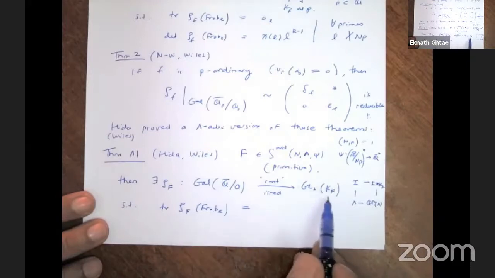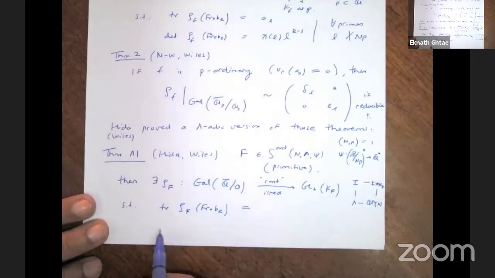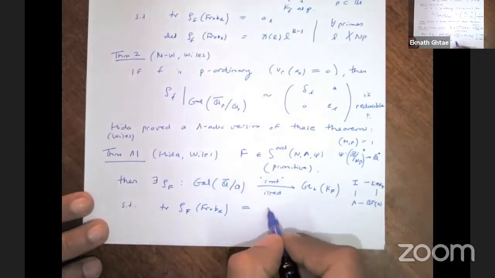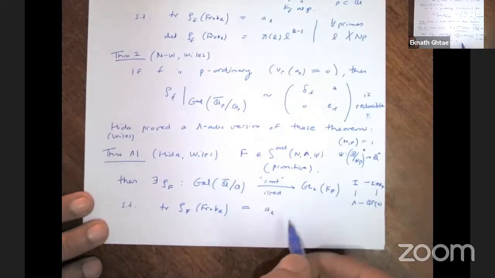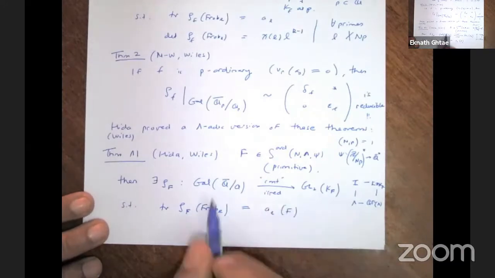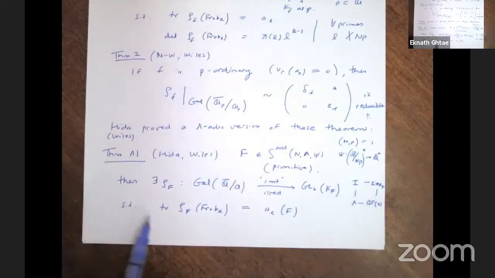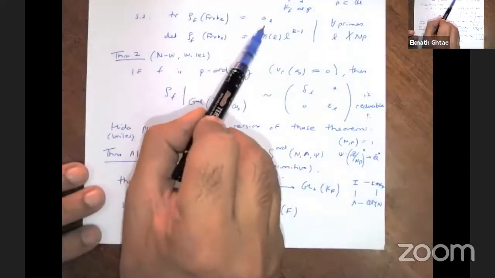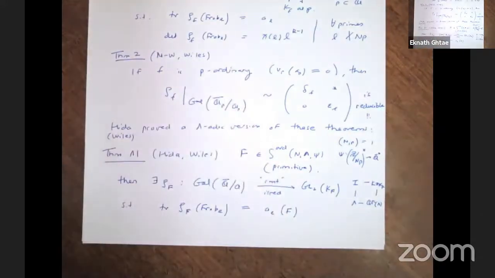But it's a matrix with entries in a power series field. K_F is a field, it's a power series field. And then you take the trace of that, and so you get a power series, and the power series you get is now the l-th Fourier coefficient of the lambda-adic form F, very similar to the Deligne version up here, where you got the l-th Fourier coefficient of the classical cusp form F. Now we get the lambda-adic cusp form F.